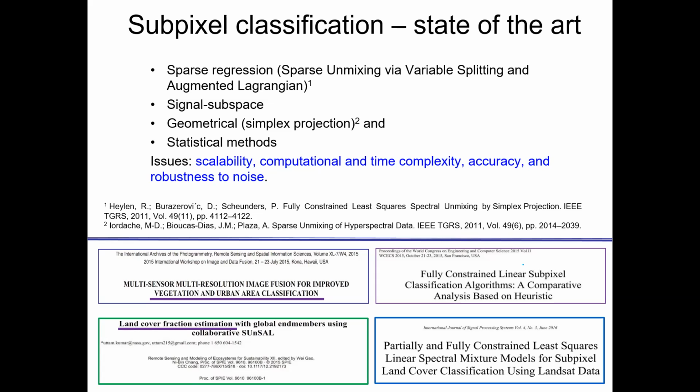Later, in the years 2012 and 13, we came across a new set of techniques in this domain, broadly known as sparse unmixing, which uses sparse regression. Other techniques can be grouped, let's say, in signal subspace, such as orthogonal subspace projection. There is a group of researchers from China who also propose geometrical techniques to solve this problem. And of course, statistical techniques are among the oldest techniques that people have used.